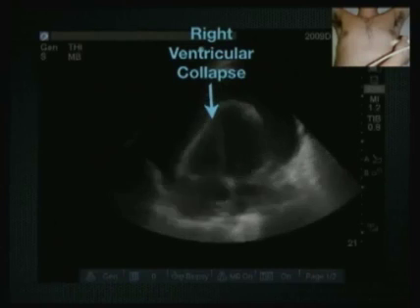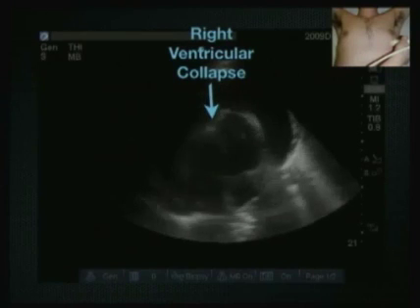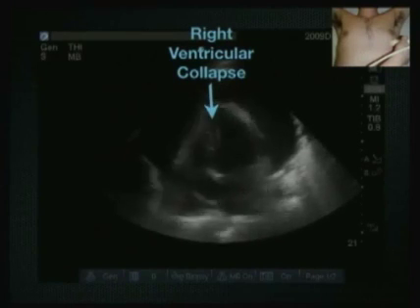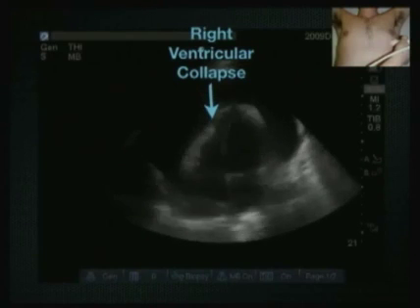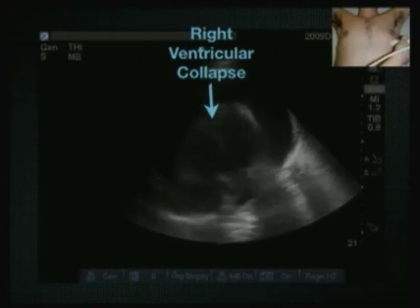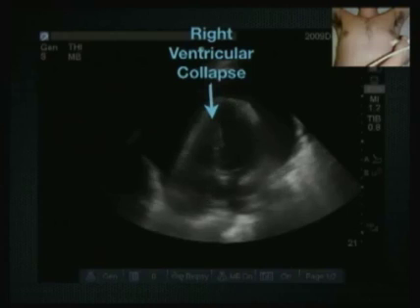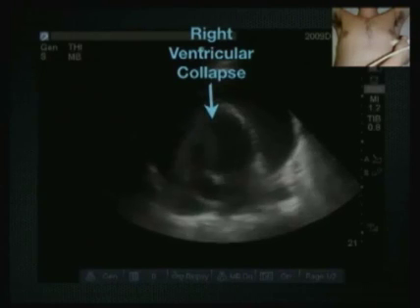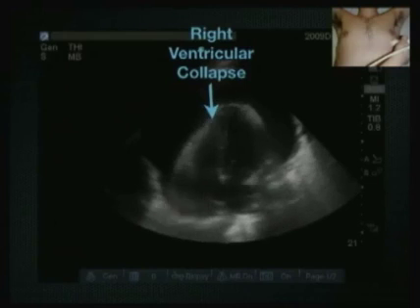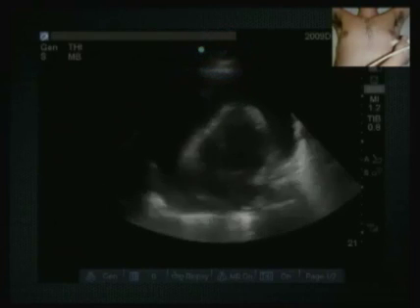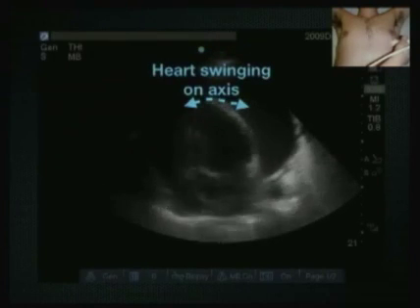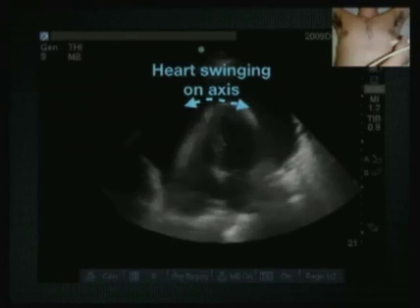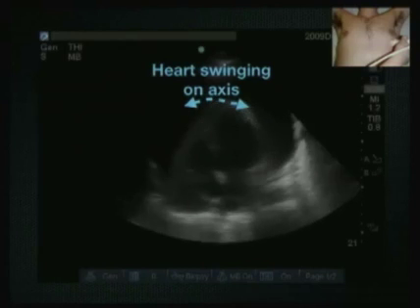It's a little bit hard to tell in this example just because there's so much movement. But you just grossly look at that right ventricle, and it's fairly concerning that there is such a large intrapericardial pressure that is causing an impaired relaxation of that right ventricle. And then finally, you see the heart swinging on its axis. These are all findings that you would expect to see in cardiac tamponade.